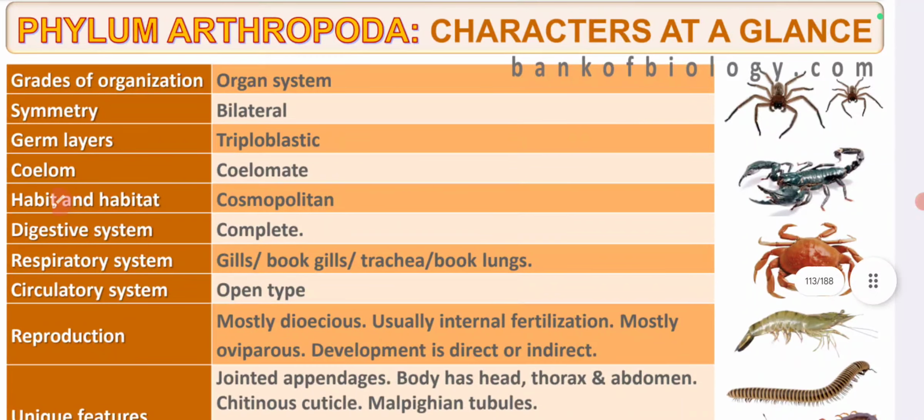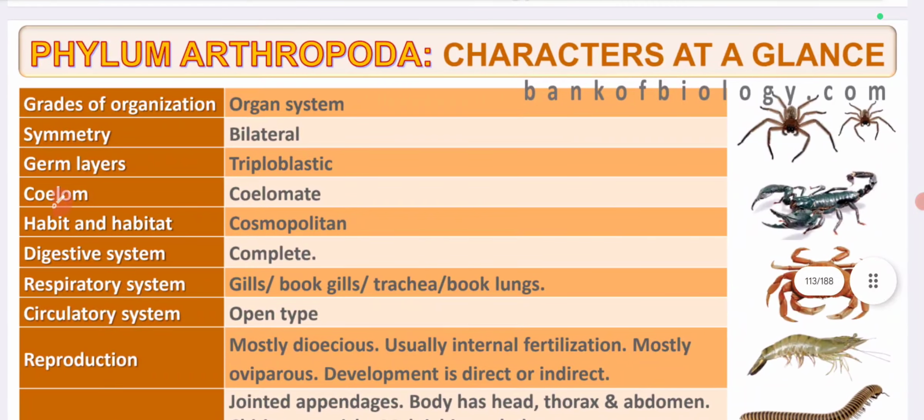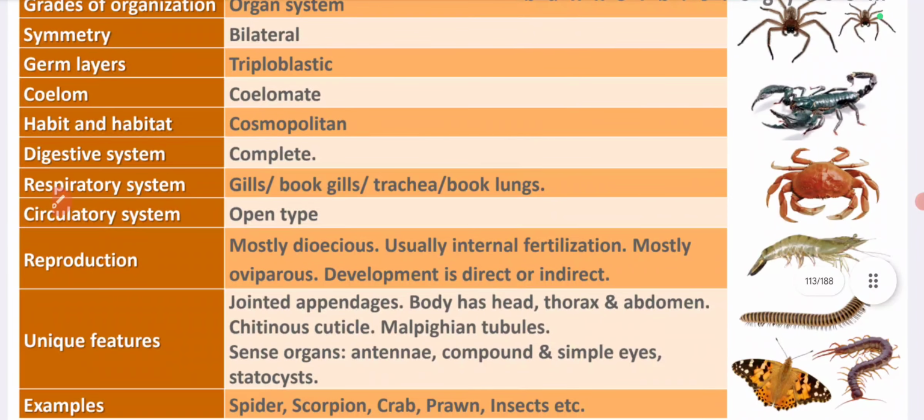Characters at a glance: organ system level of organization, bilaterally symmetrical body, triploblastic germ layer, coelomate animals, cosmopolitan, means found all over the world, complete digestive system, respiration by gills, book gills, trachea, book lungs, open type of circulation. Reproduction is mostly dioecious, means unisexual, usually internal fertilization, mostly oviparous, means egg-laying animals.